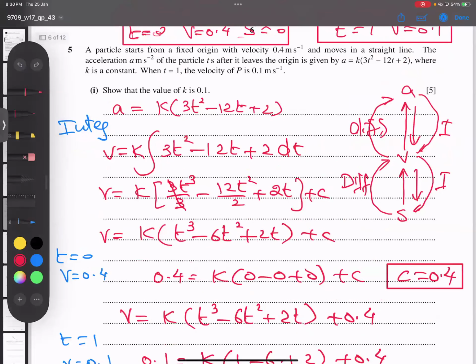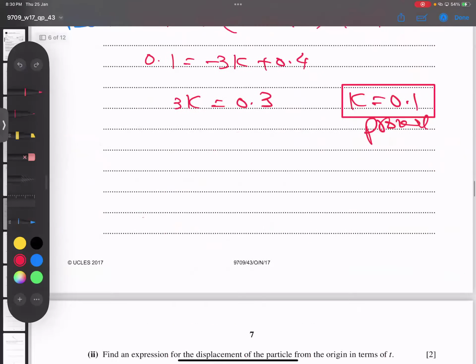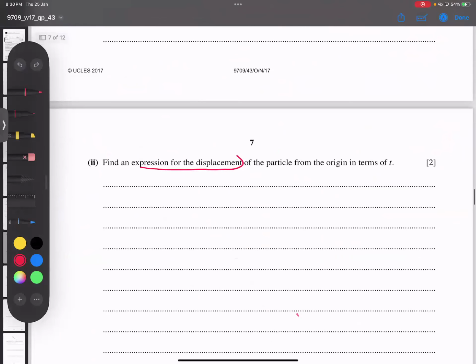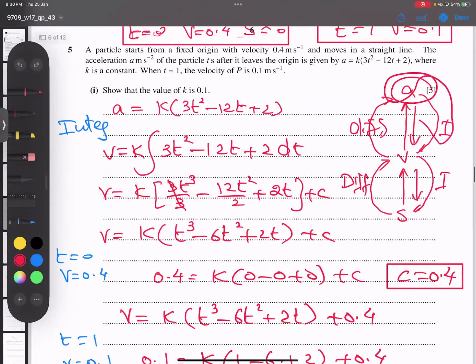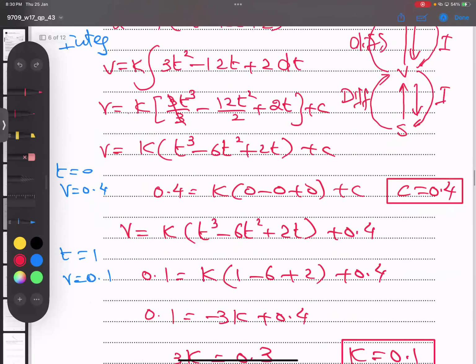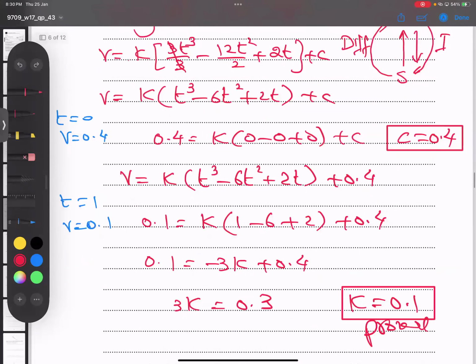The next part: he's saying find an expression for displacement. Again, come back to the planning. If you have acceleration, you integrate to get velocity, and integrate again to get displacement. So I will plug in k = 0.1 here, and use this whole equation once again.